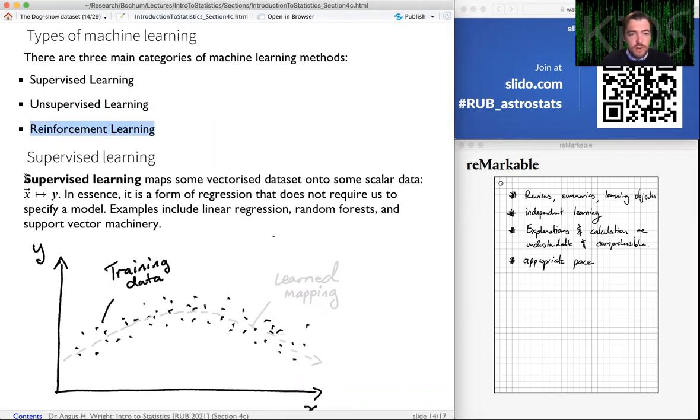So supervised learning is a method for mapping some vectorized data set onto some scalar data set. What does that mean? It's basically regression. It's a way of taking an arbitrarily high dimension data set and mapping that high dimensional data set onto a particular one-dimensional data set of interest.